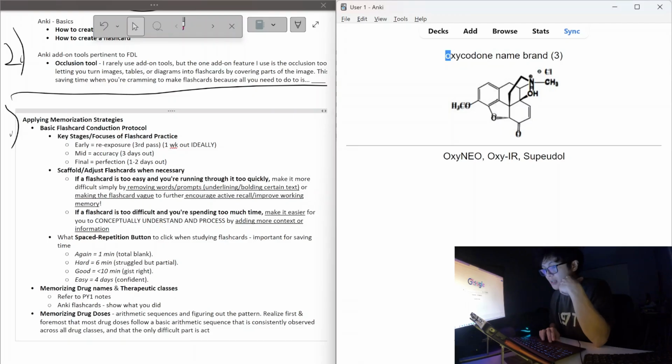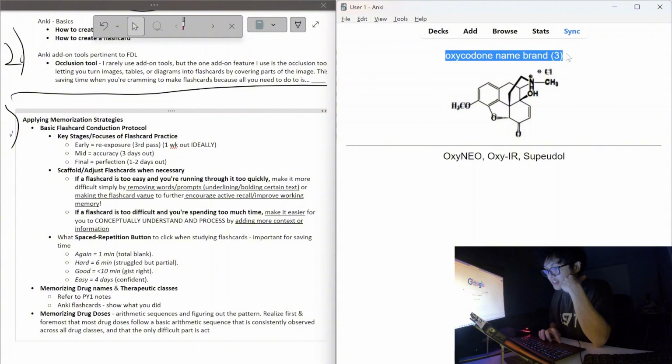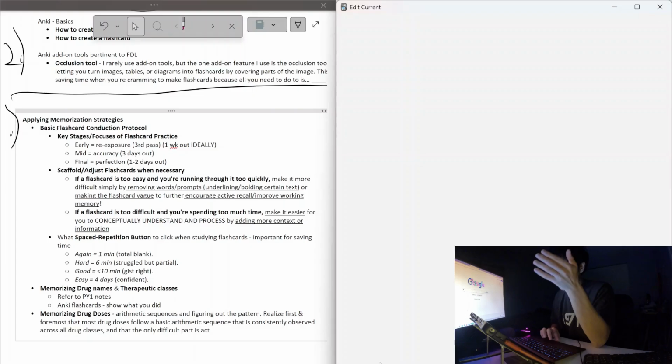Okay, so let's say, for example, this flashcard is asking us to recall the brand names of oxycodone, right? And the 3 brand names here are Oxyneo, OxyIR, and Subdeck. So already here you can see a pattern that this flashcard on first glance may be difficult to recognize.